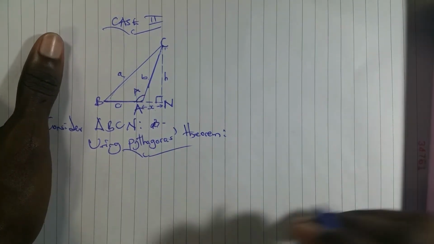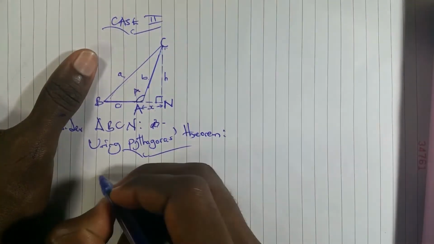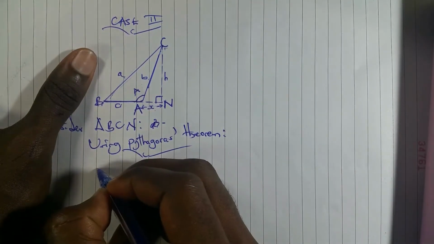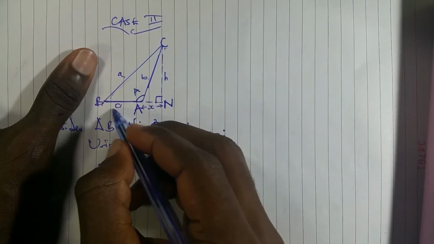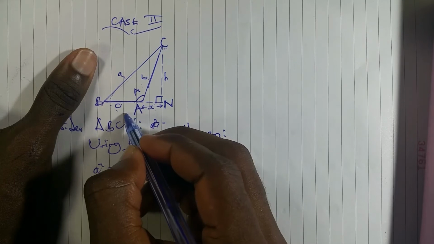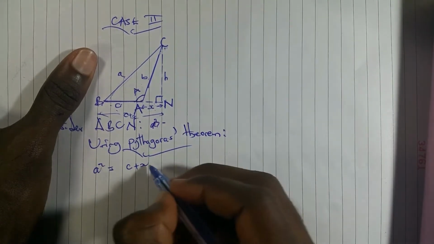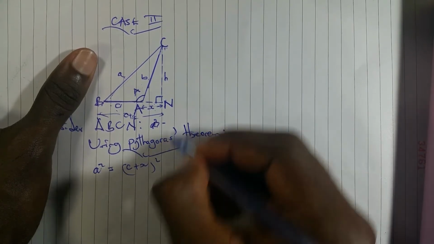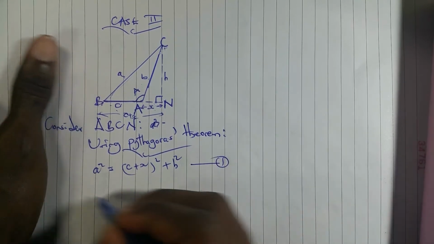So from Pythagoras theorem, the hypotenuse squared, which is A squared, is given by this side, which is C plus X, the whole of that length, squared, then plus the height squared. Let's call that equation 1.